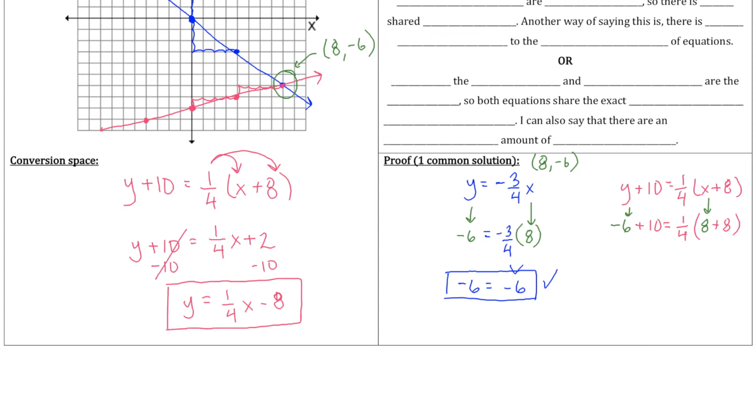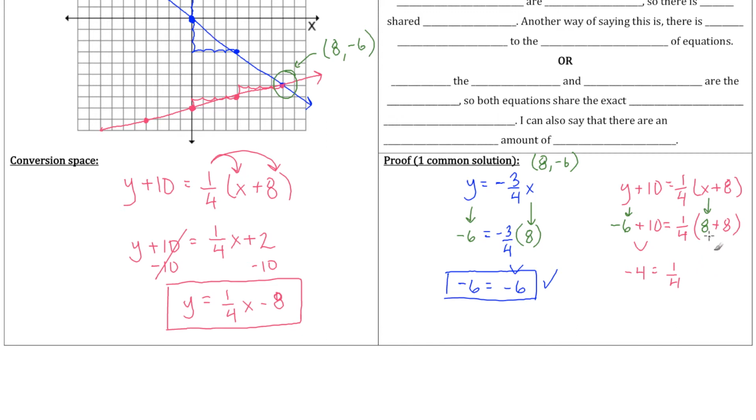And let's go ahead and try this one. -6 plus 10 is -4. And then order of operations, 8 plus 8. So 1/4 times 6. Something feels wrong.